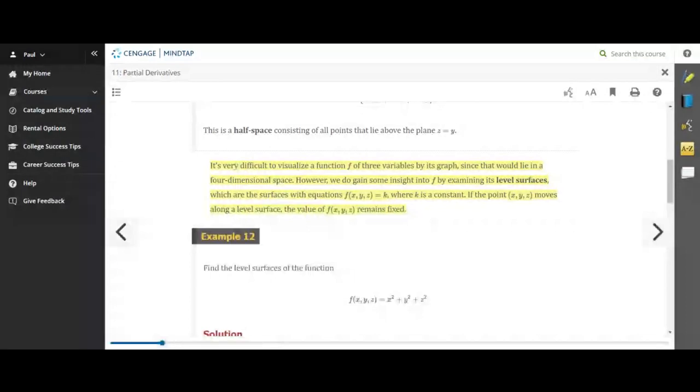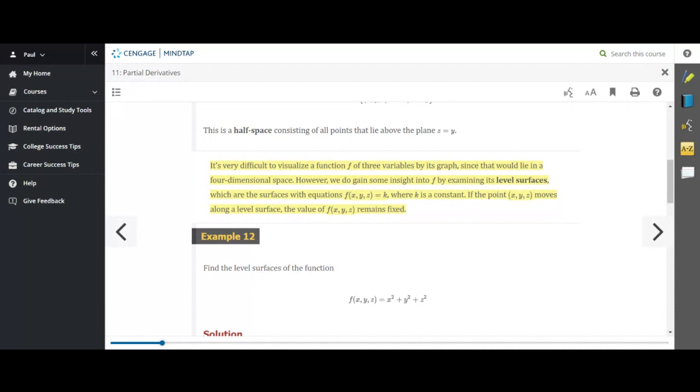It's very difficult for three variables since, whoops, hold on. Sorry, I got thrown out here. Hold on, let me get back here. Okay, can everybody see the highlighted thing? Okay, good. The ebook, good.